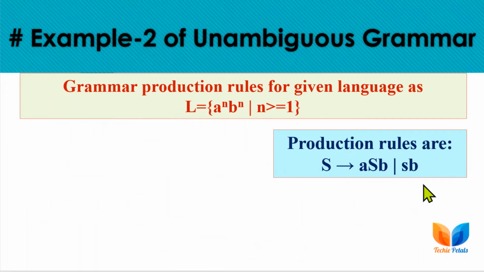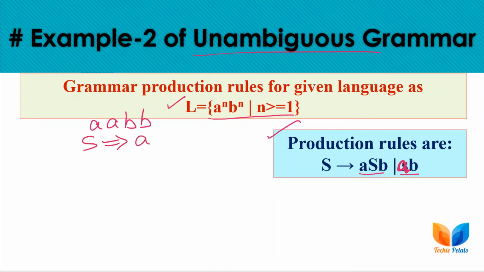Here we have the second example, of an unambiguous grammar, with the language a raised to power n, b raised to power n. We have done this example many times. The production rules are S derives aSb, and sorry, here we have ab. So this is not S, this is ab. Suppose we have to derive a string of this language.